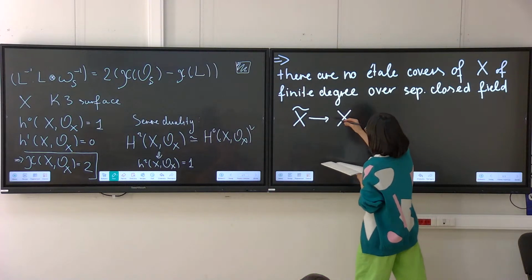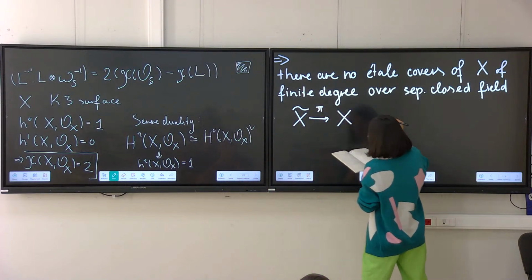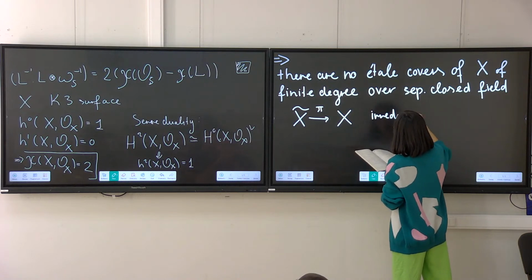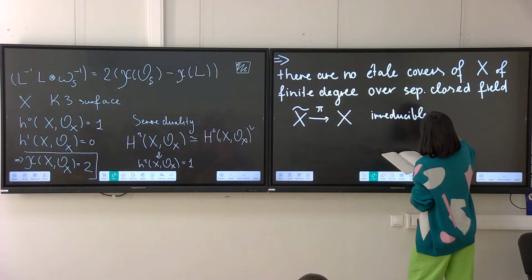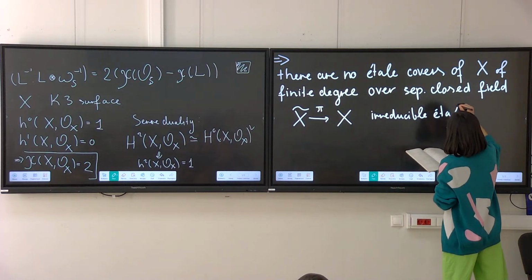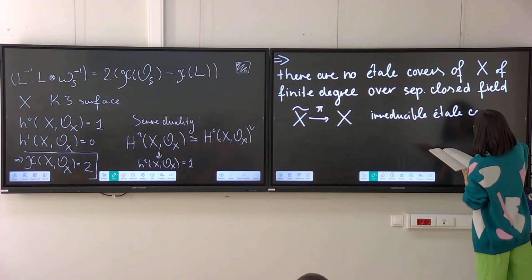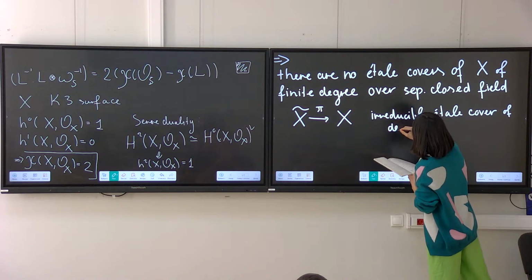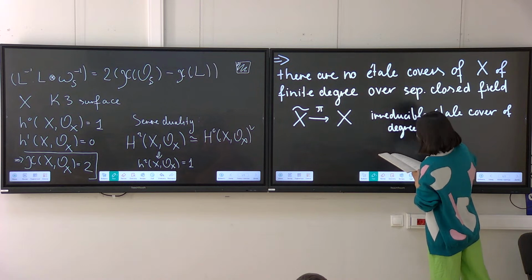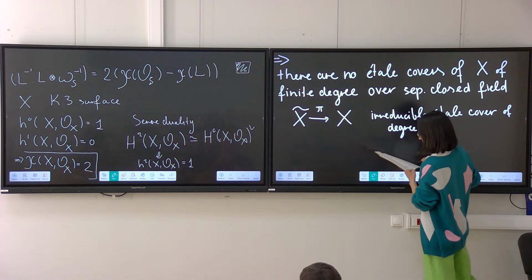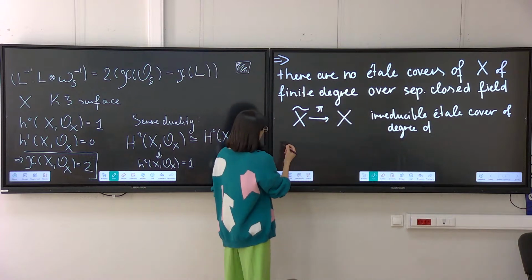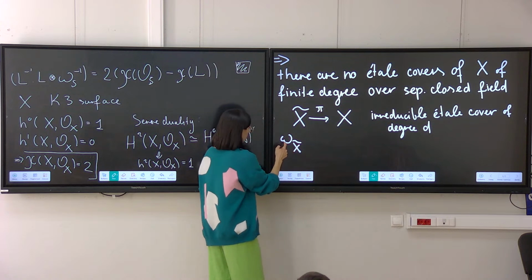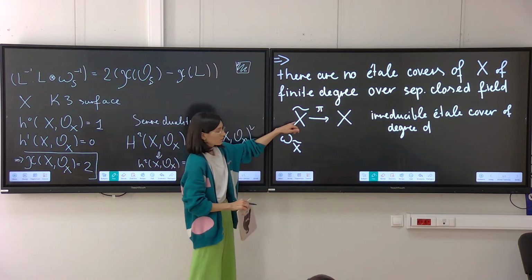So suppose that this is an irreducible cover of degree D. Then what will be the canonical bundle of X tilde?